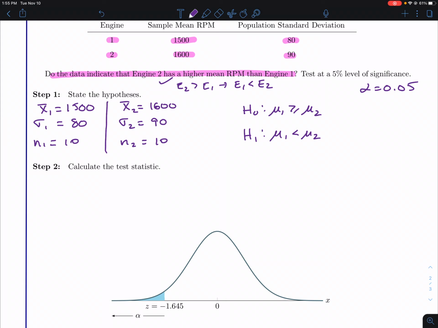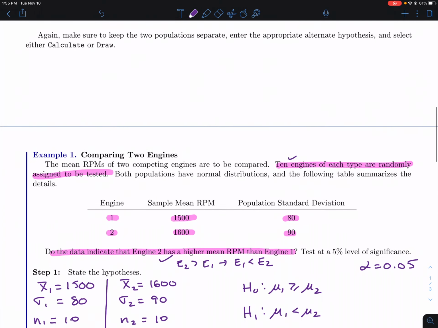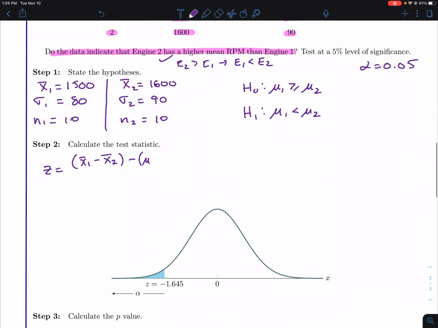All right, so our test statistic. Again, this is finding the z-score, but this z-score is a lot trickier looking than the other one. What we're going to get is x1 minus x2 minus, let me make sure I get it written down right, mu1 minus mu2, all divided by the square root of sigma 1 squared over n1 plus sigma 2 squared over n2.